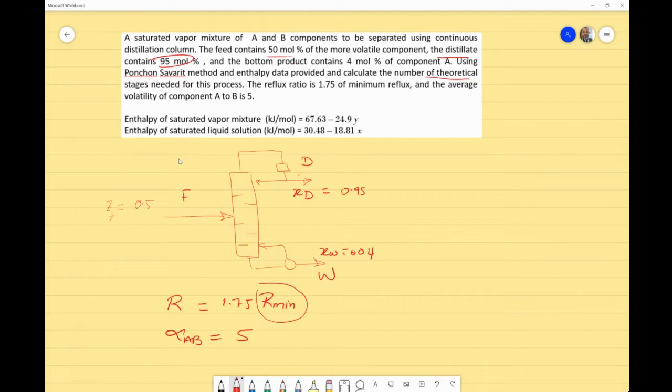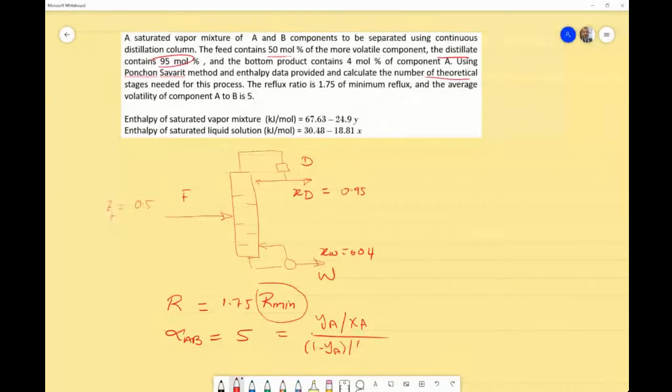I'm not sure if you remember the equation of the equilibrium data or not, but usually this is basically alpha AB is equal to YA over XA over 1 minus YA over 1 minus XA.